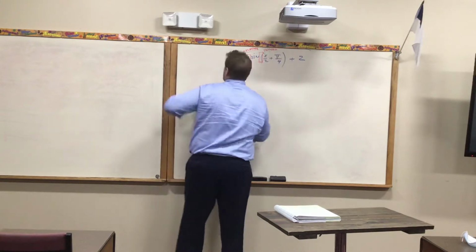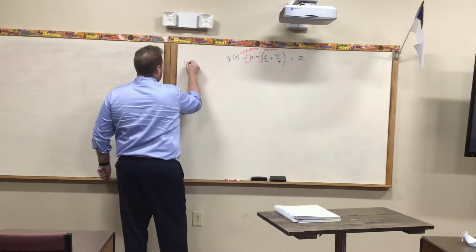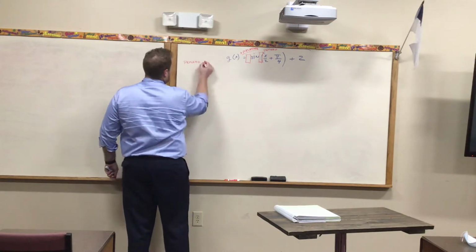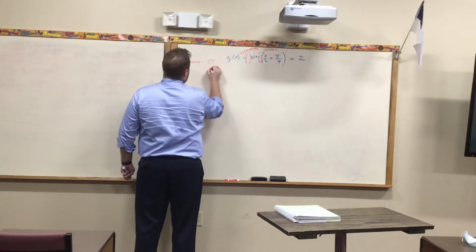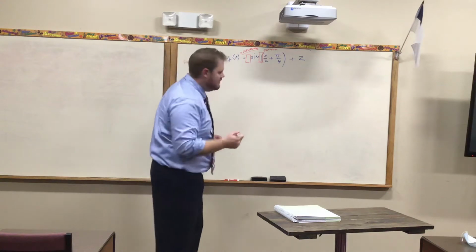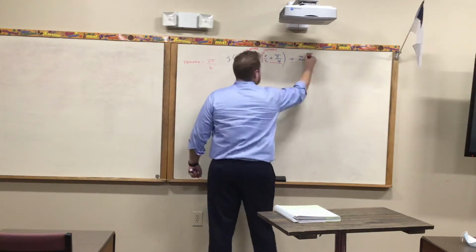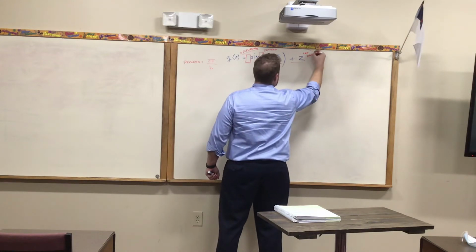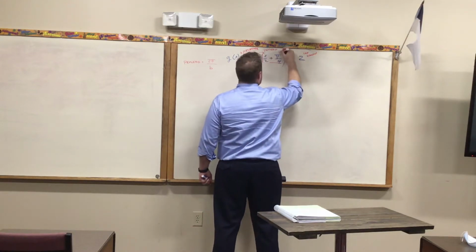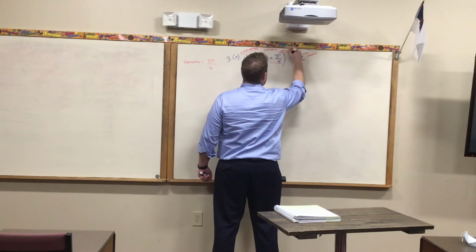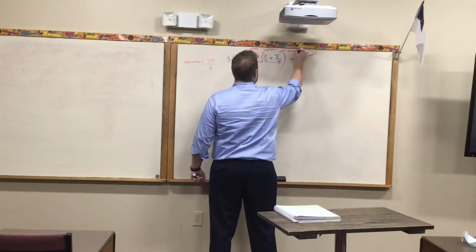What's the equation for period? 2 pi over b, right? Then, what does this do and what does this do? This goes up and down, and this goes left to right. And how do you know if it's left to right? Positive or negative, all right?